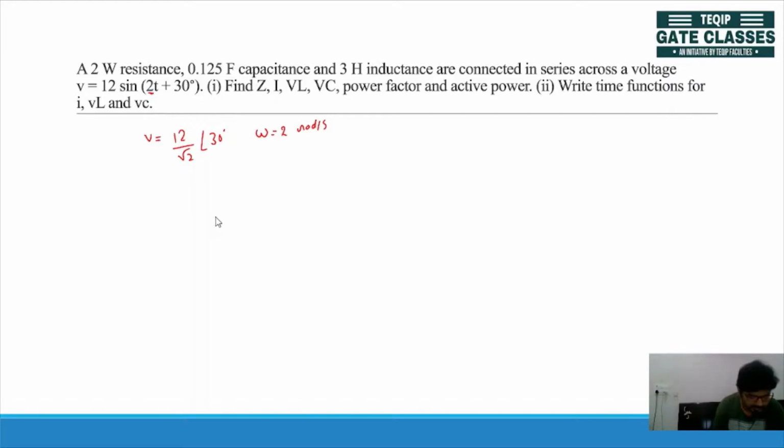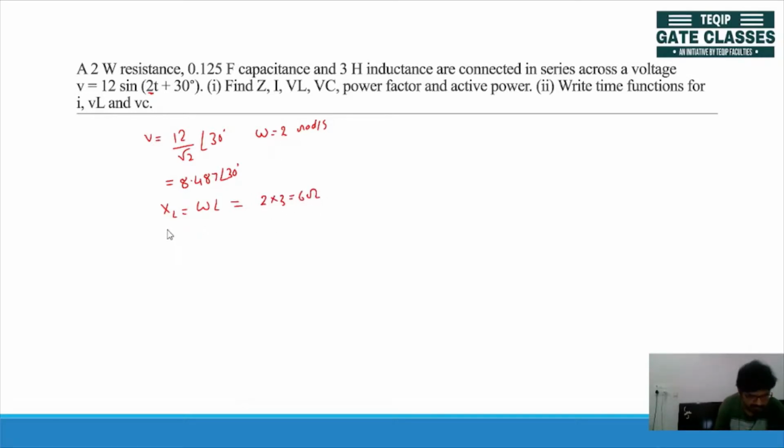Now let's simplify this. 12 by root 2, you'll get 8.487 angle 30. Now let's calculate XL. XL is omega L. Omega is 2 radian per second, so you'll get XL as 2 into 3, that is 6 ohm.